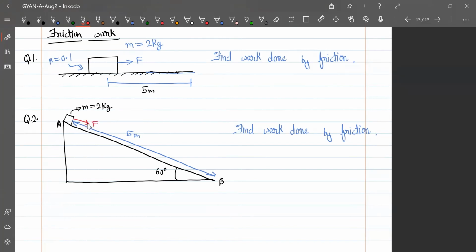That force is not affecting the normal force. सर फर्स्ट क्वेश्चन में 0.1 क्या है? Coefficient of friction, mu. Mu is coefficient of friction. अगर सिर्फ coefficient of friction दिया हो तो coefficient of static friction is equal to coefficient of kinetic friction is equal to mu.